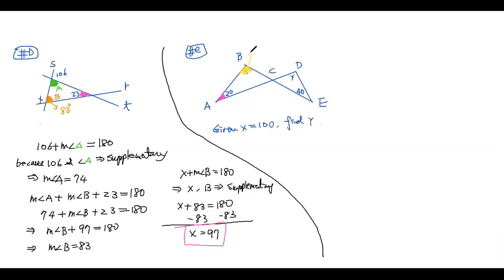I'm looking for y. So if we are looking for y, the first angle I want to find is this angle, correct? If I know this angle, then I can add them to equal 180. Then I can solve for y.